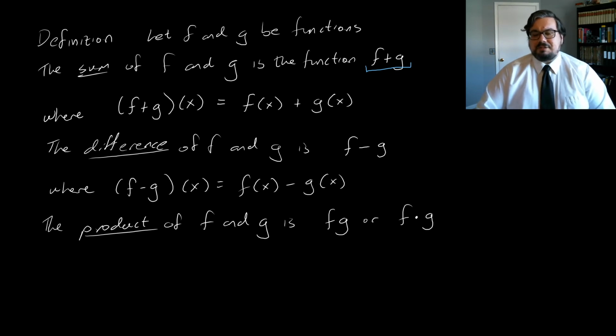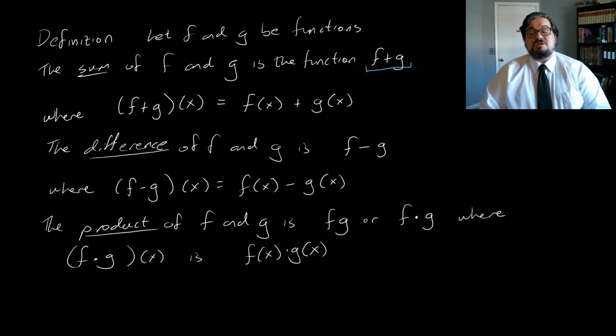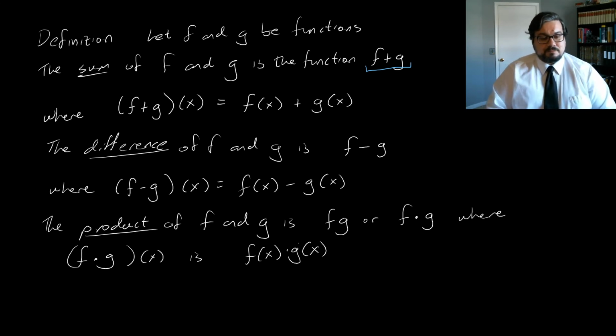The product of f and g is fg, or f times g, where we have that f times g evaluated at x is f of x times g of x. And this product here is just a product of two numbers.